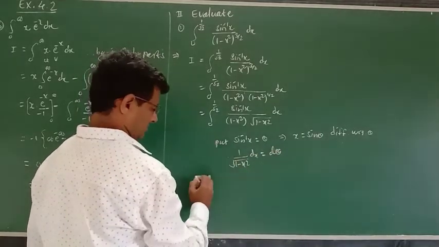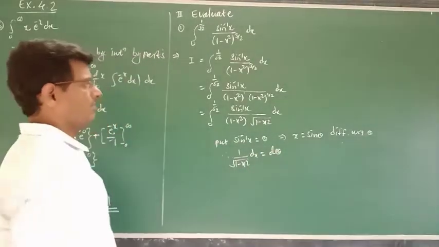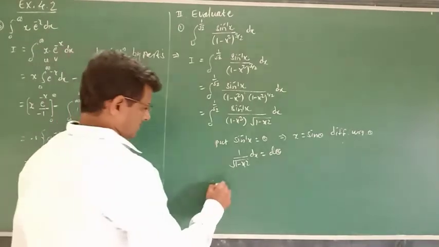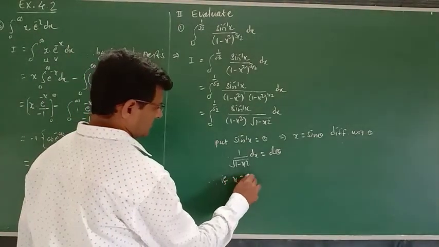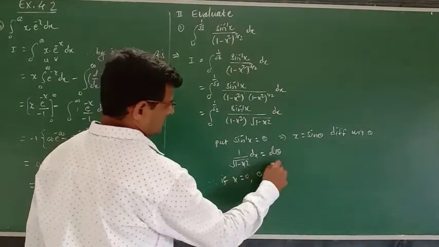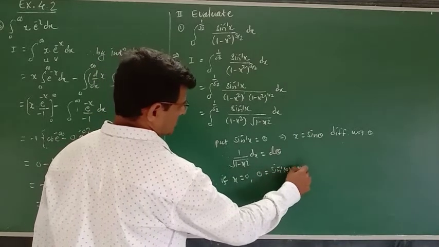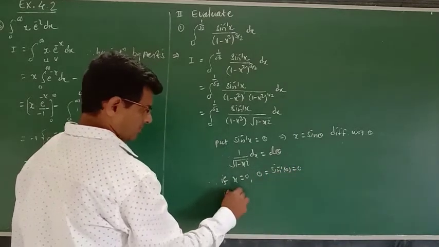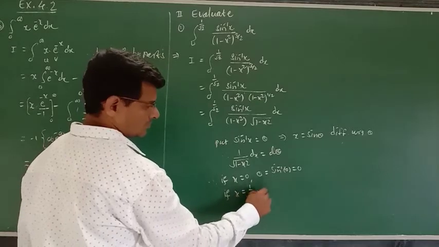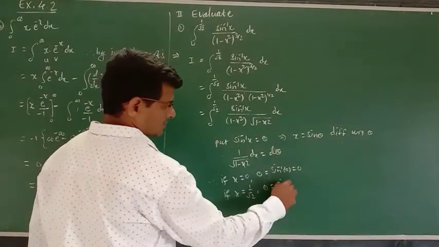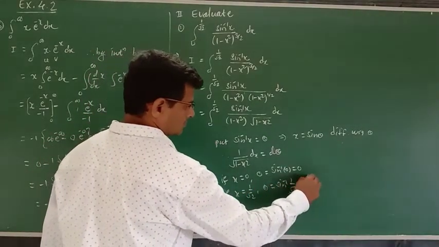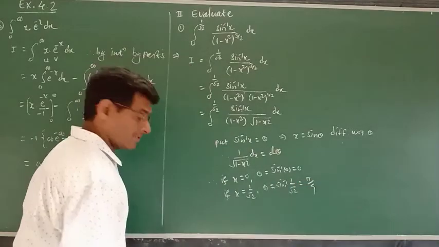Also the lower limit and upper limit get changed. If x is equal to 0, then theta is equal to sin inverse 0, which is 0. And if x is equal to 1 upon root 2, then theta is sin inverse 1 upon root 2, so it is equal to pi by 4.